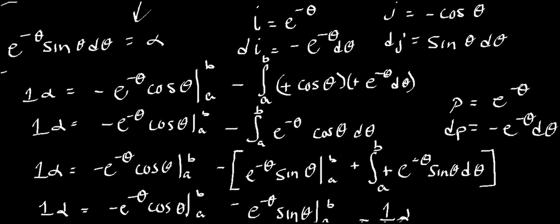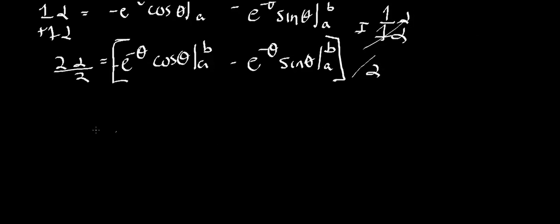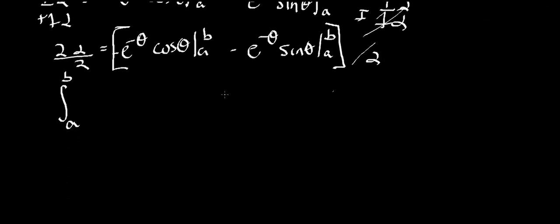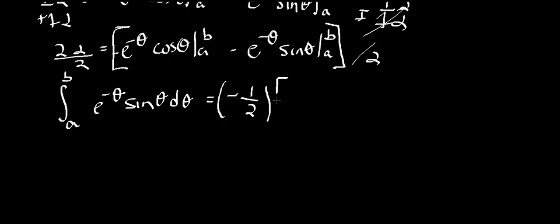But remember that the alpha was equal to the integral from a to b, make sure I do this right, e to the minus theta sine of theta d theta. That's equal to, so it's going to be, let's factor out a minus 1/2. So we factor out a minus 1/2, because here's the times 1/2.